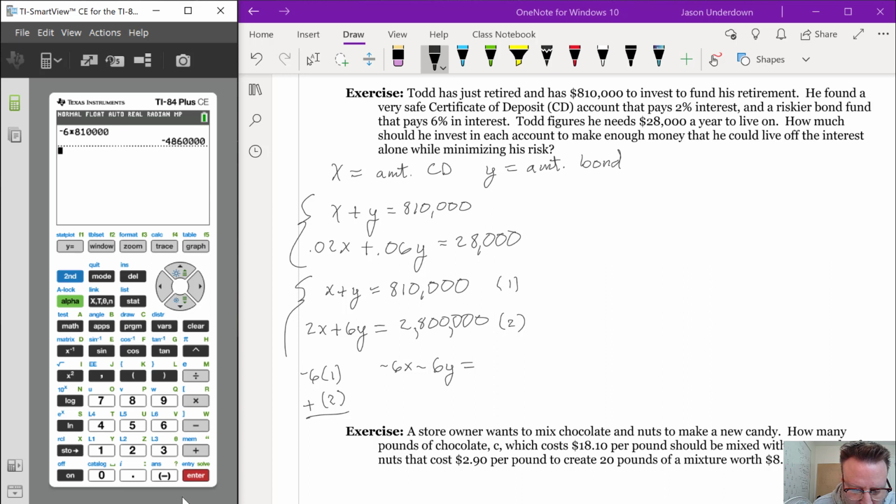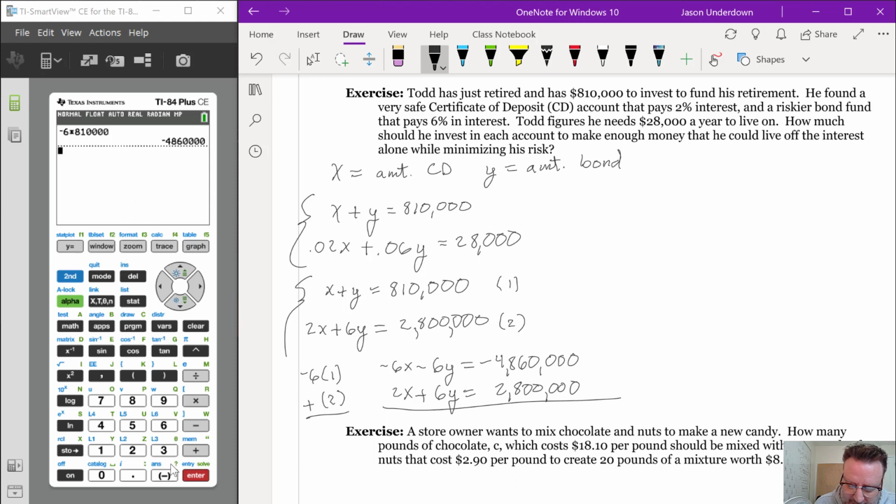That's negative 4.86 million. Okay. And the second equation just stays as is. I have 2x plus 6y equals 2.8 million.